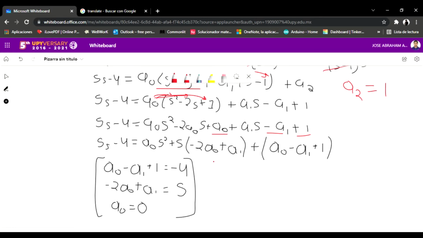And then we have to find the terms that have s, and we apply the similar terms.